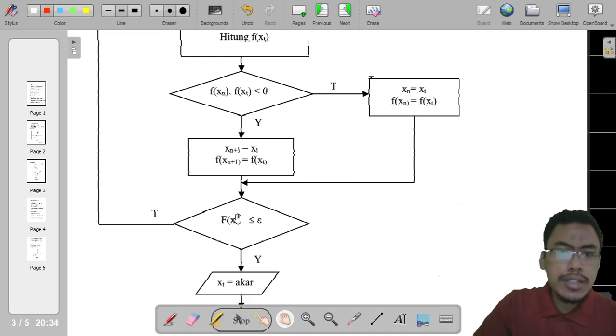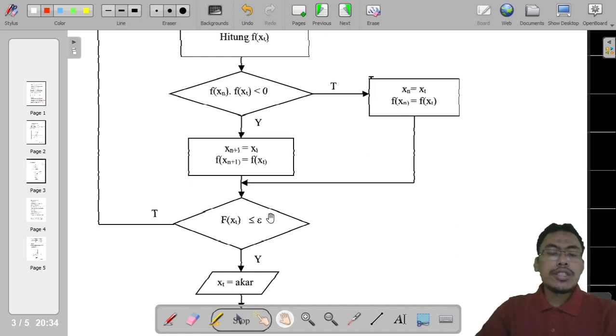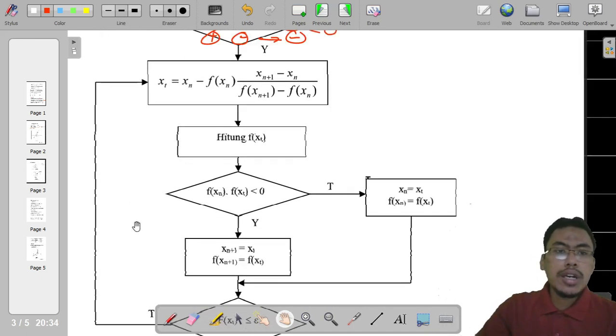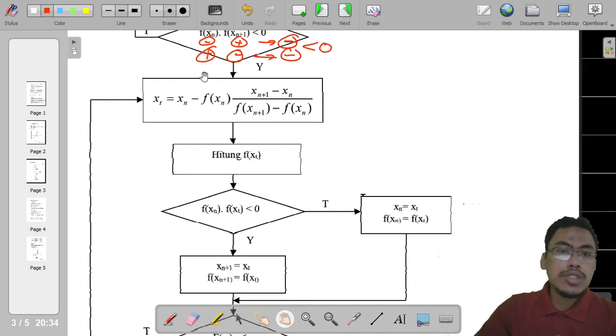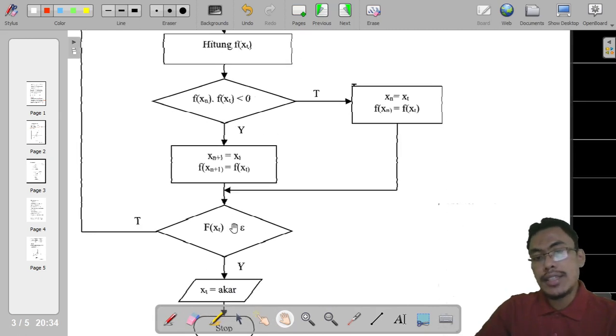After that you have to ensure that the value of f(xt) is less than or equal to the error that is stated in the problem. If your f(xt) is not less than the error, then we have to recalculate from this point until we get a value less than the error.